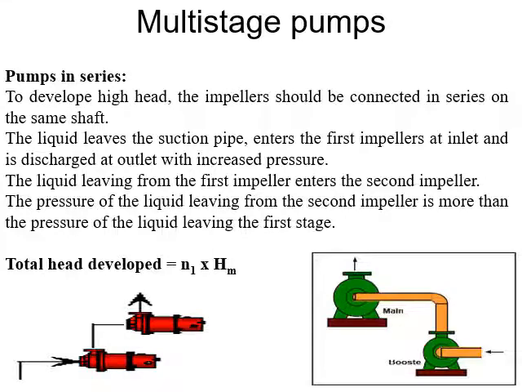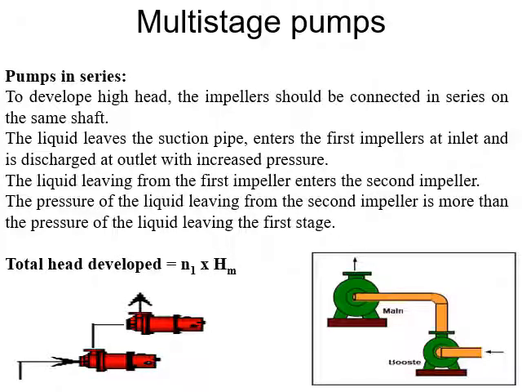The pumps in series. In order to develop high head, impellers should be connected in series on the same shaft. The liquid leaves the suction pipe, enters the first impeller at inlet and is discharged at outlet with increased pressure. The liquid leaving the first impeller enters the second impeller.